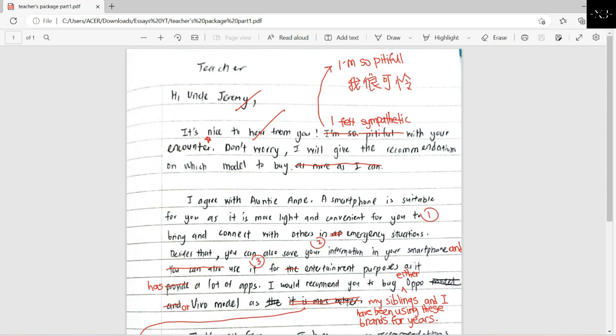Okay, so this is one of the essay topics that I've given to my students for my offline essay classes. I'm not going to show you the title because I'm too lazy to merge the whole thing together. Basically, Uncle Jeremy has damaged his phone and he is asking his niece or nephew to recommend him a new phone.